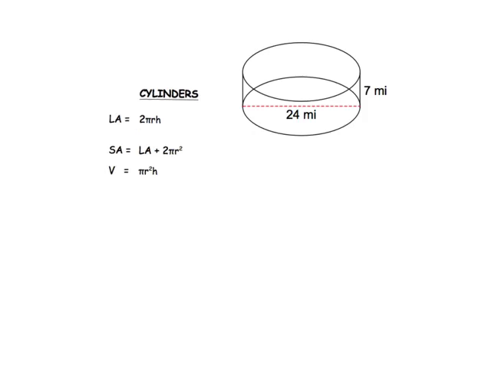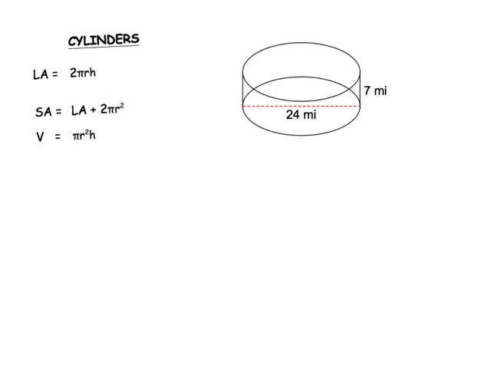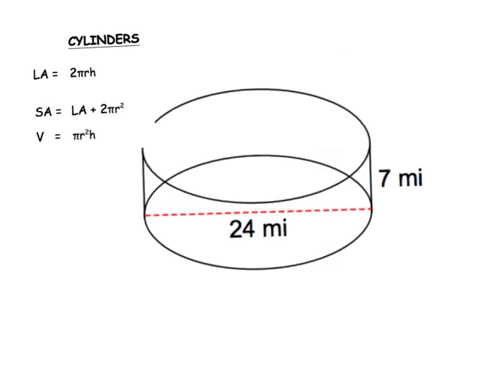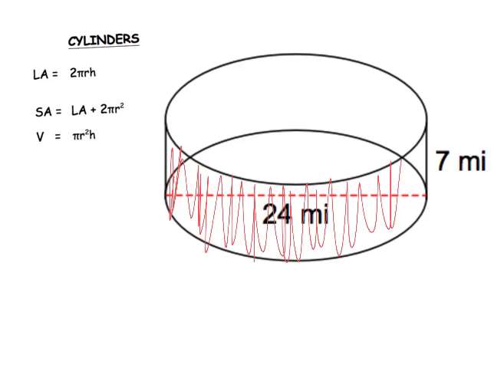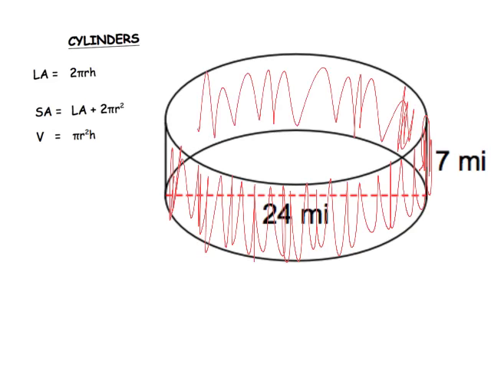Okay, in case you're wondering, lateral area means the area of the side. So if I'm looking at this cylinder right here, basically it would be the area if I were just coloring the sides of this cylinder. That's lateral area.